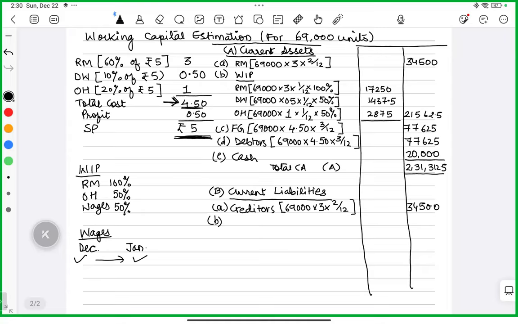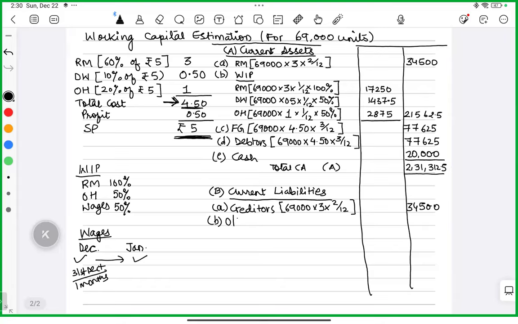So at the end of December, that is on 31st December, 1 month's wages will be outstanding. So all the time at the end of every month in your balance sheet, your current liability will show wages outstanding, which will be equal to 1 month's wages.